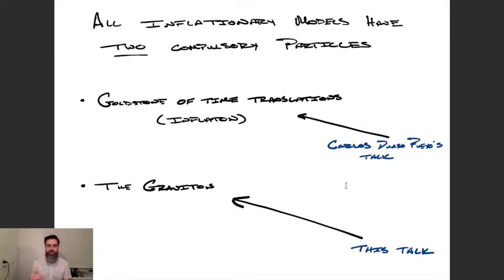Inflation you should think of as a process of spontaneous symmetry breaking. It breaks time translation invariance spontaneously because there's some clock telling inflation when to end. And fluctuations of this clock you can interpret as the Goldstone mode of this spontaneously broken symmetry. And so it's a very light degree of freedom. It's the degree of freedom that gets imprinted in the temperature anisotropies of the cosmic microwave background.